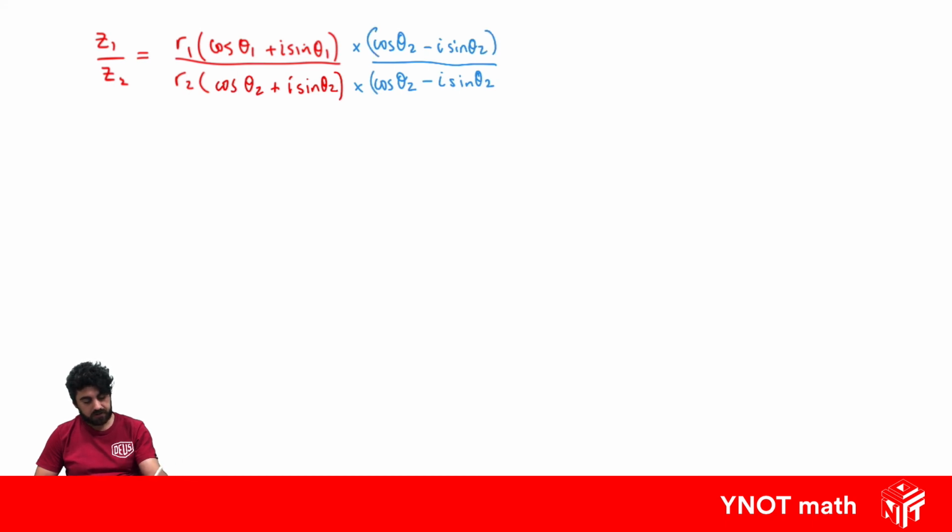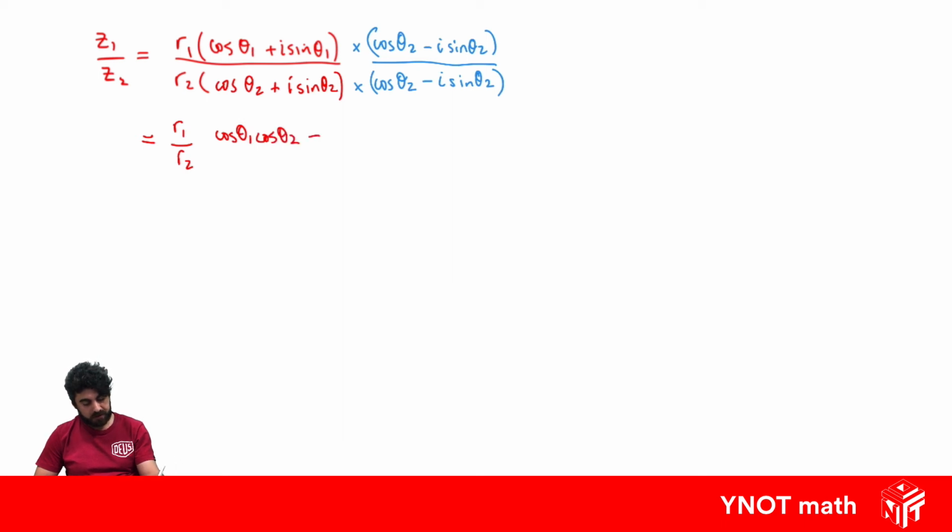And we need to expand this out. So we'll just separate our r1 and r2, and we'll focus on these brackets. So expanding these out, cos theta 1 times cos theta 2 is cos theta 1 cos theta 2.